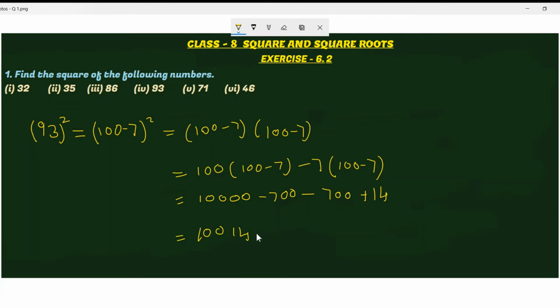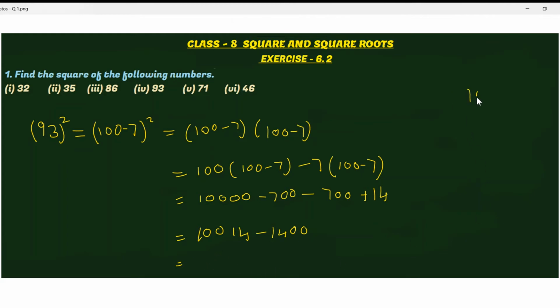These two are negative, so you need to add both, because same signs we add. Different signs we subtract and put the bigger number's sign. Here this is plus and this is minus, so you need to subtract and write the bigger number's sign, which is positive.